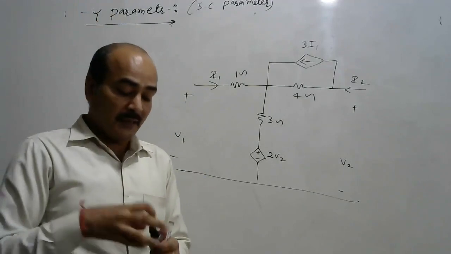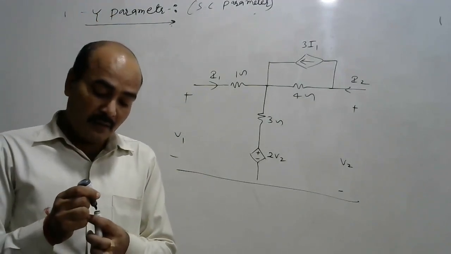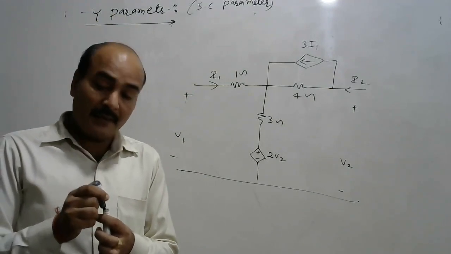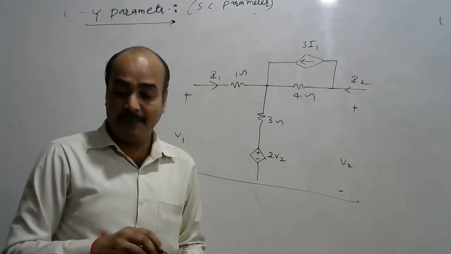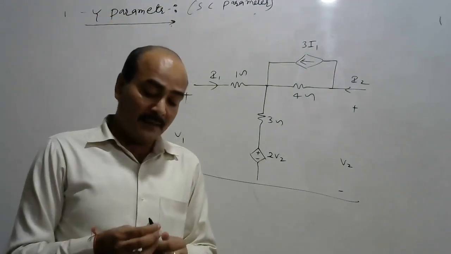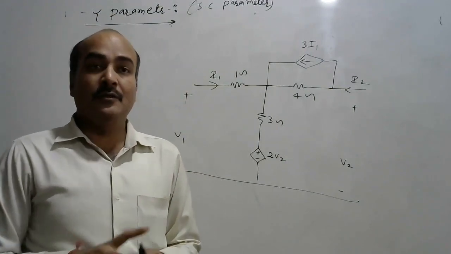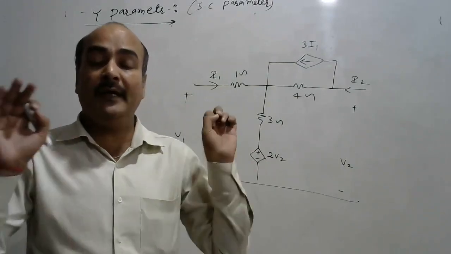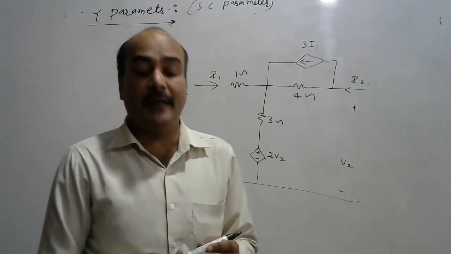First understand that if you are able to find the Y parameter, you can also calculate the Z parameter. In the Y parameter, what are you doing? I1 is a function of V1 and V2, and I2 is also a function of V1 and V2. If you rearrange this equation, you make V1 a function of I1 and I2, and V2 a function of I1 and I2. So if you calculate the equation for one parameter, you can calculate any parameter. We just have to rearrange the equation.